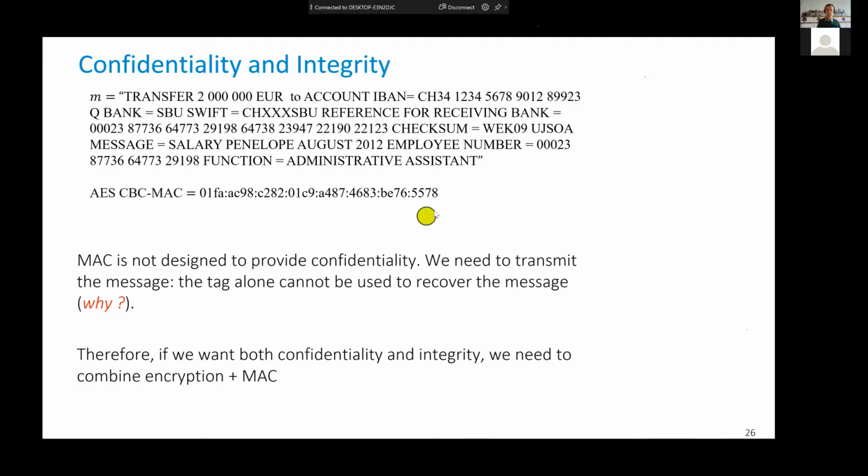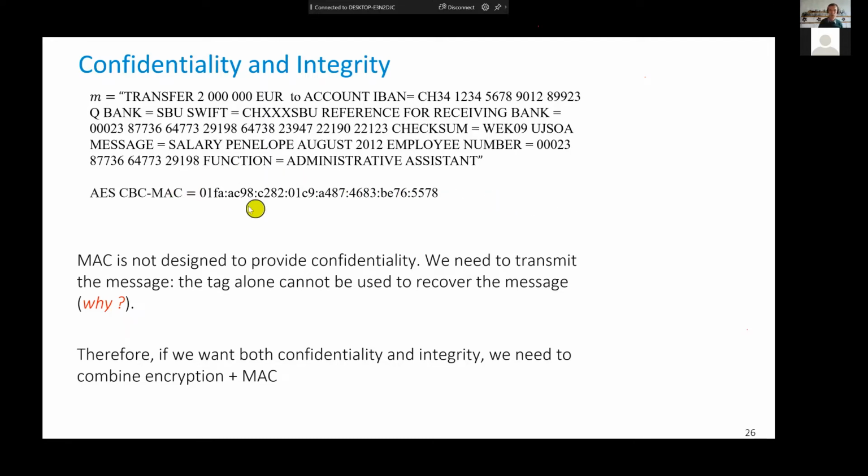Now, of course, we should combine the two things we have seen so far. We have seen how to encrypt a message to make it impossible to understand for an attacker, not invisible. The attacker will see that the message is exchanged, but will not be able to see the content of the message. We have seen that we can also apply a tag.